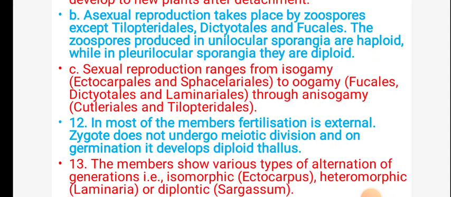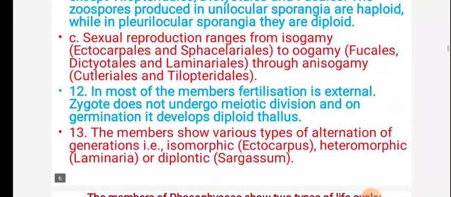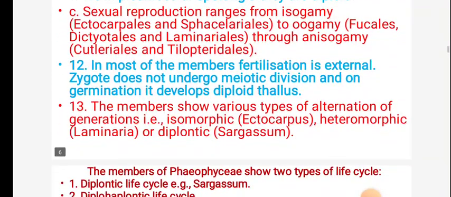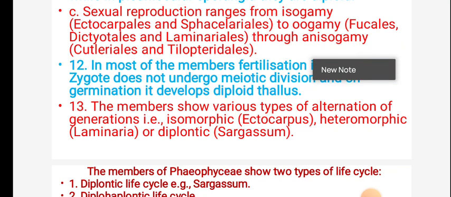Then sexual reproduction ranges from isogamy, where both gametes are the same in shape, size and structure, right? Only the function is different: one is male, one is female. Examples are the members Ectocarpales and Sphacelariales.